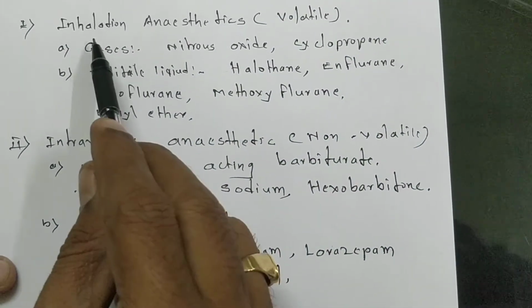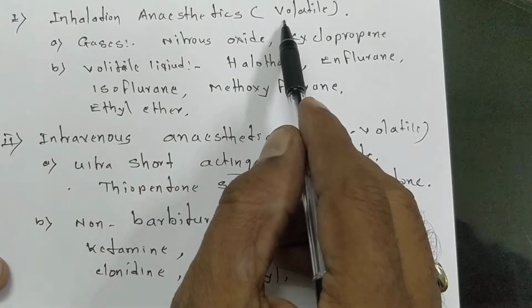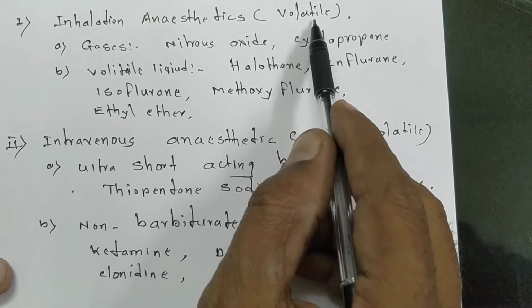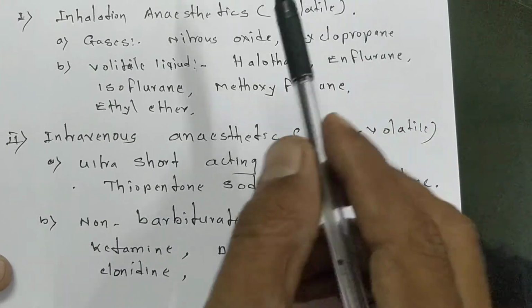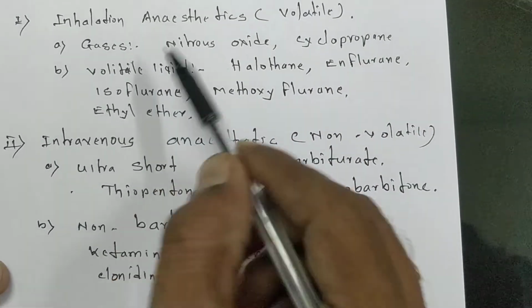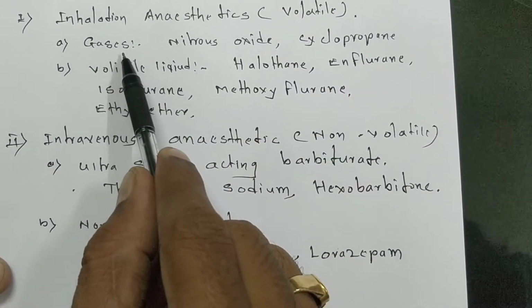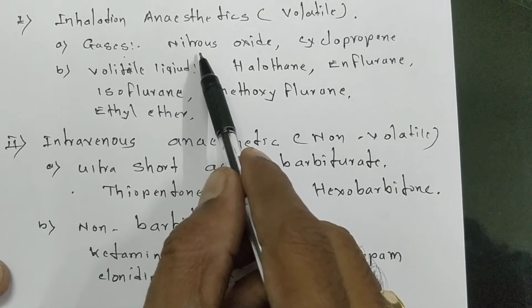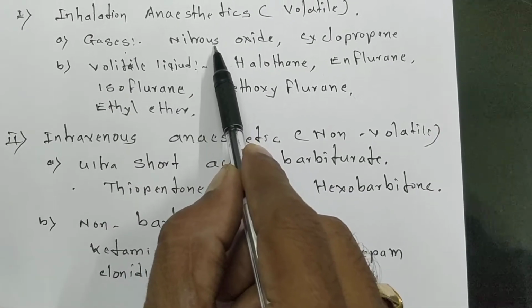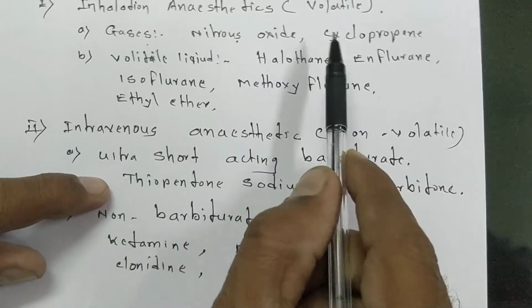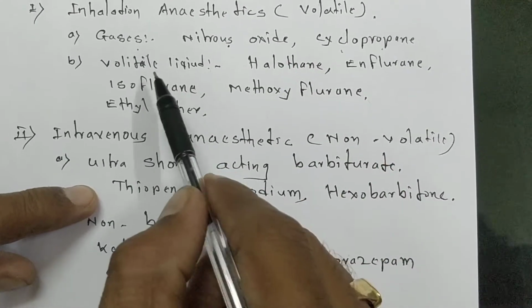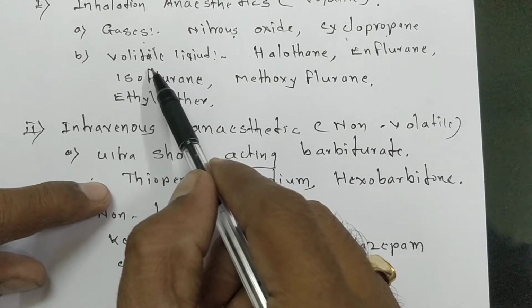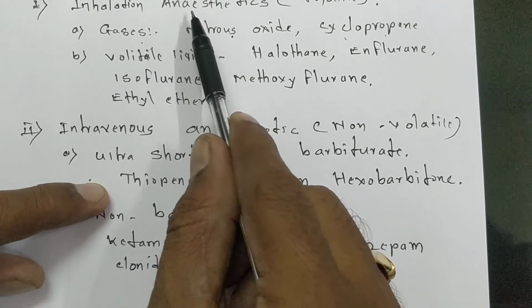Now, classification of general anesthetics: there are two classes. Inhalation anesthetic, generally the volatile. Volatile means it is a vapor at room temperature; they evaporate. It can again be divided into two parts. The gaseous anesthetics, for example nitrous oxide, also known as laughing gas, and cyclopropane.